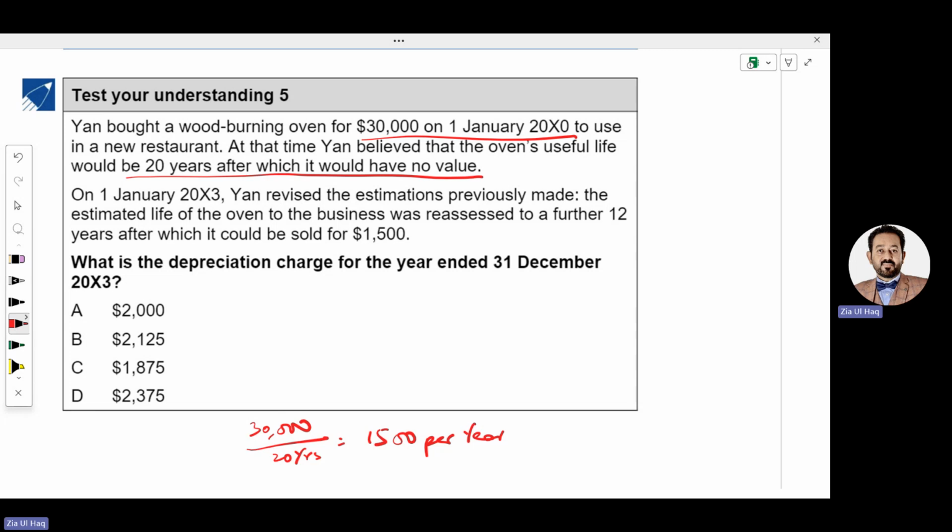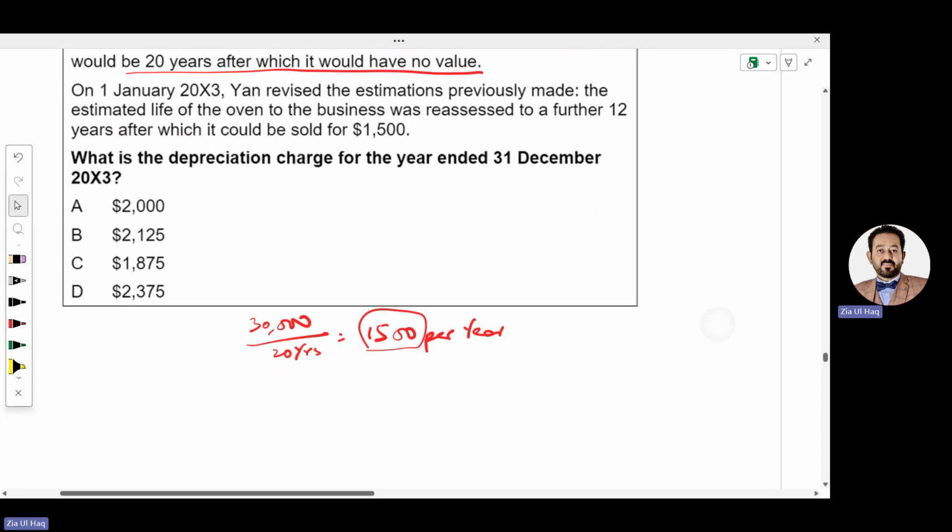On 1st January 20x3, after 3 years, they have depreciated 1,500 for 3 years. Yan revised the estimate previously made. The estimated life of the oven to the business was reassessed to a further 12 years, after which it could be sold for 1,500, so there will be a residual value of 1,500.